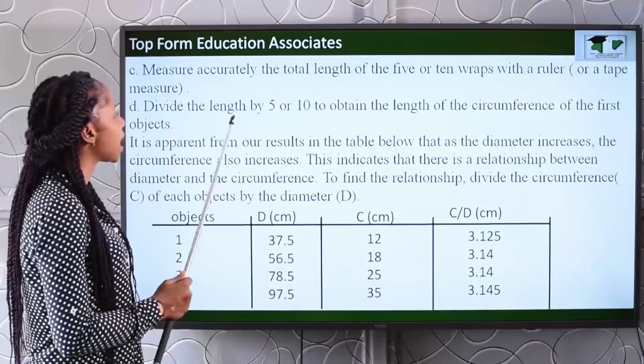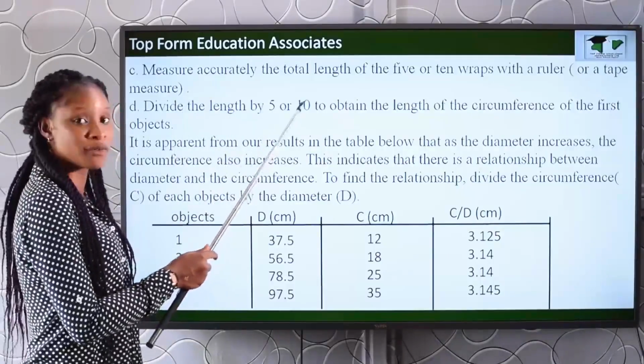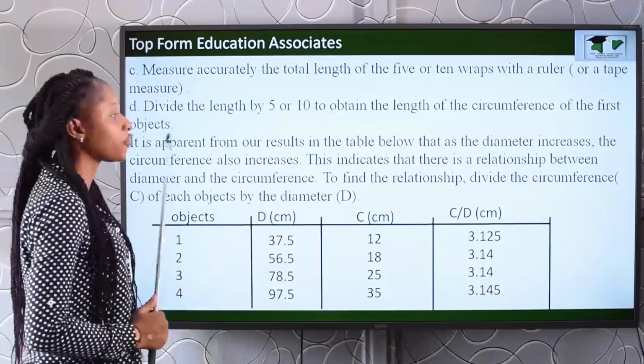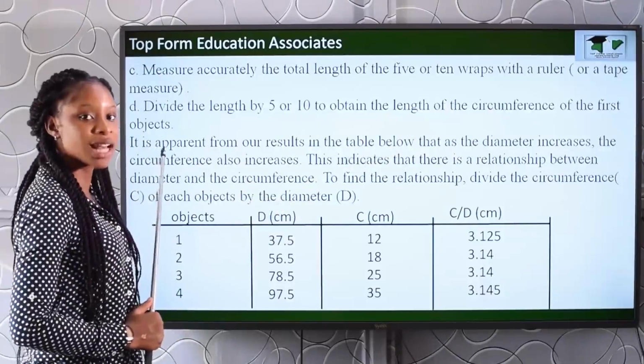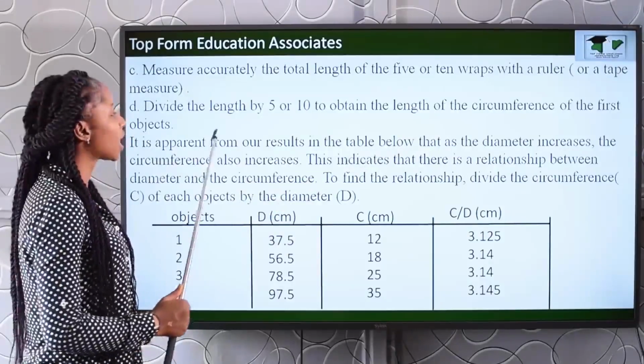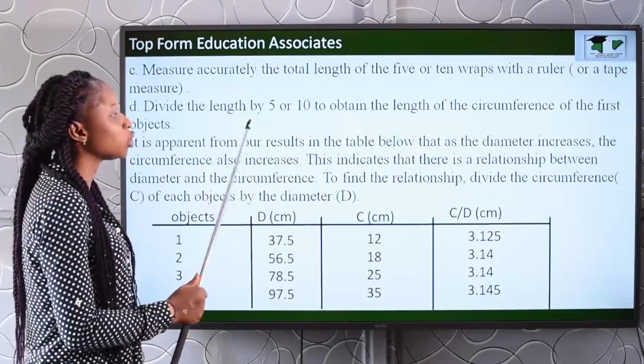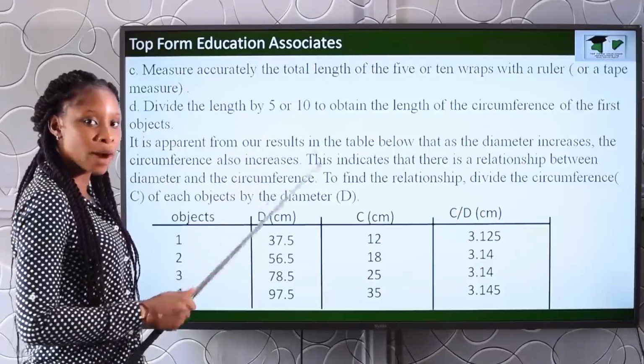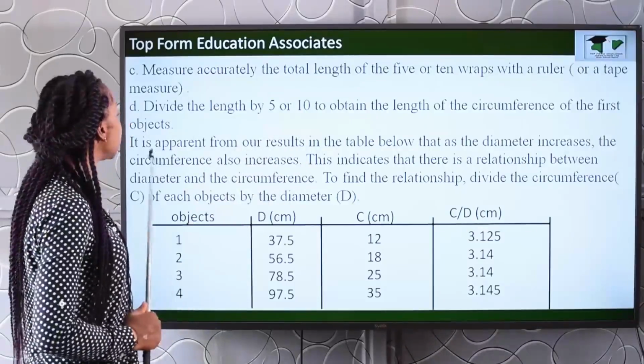Then you divide the length by the 5 or 10 times you have wrapped around to obtain the length of the circumference of the first object. You take the length and divide by 10 or 5, depending on how you wrapped around the cylinder.